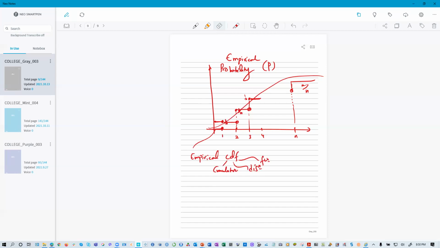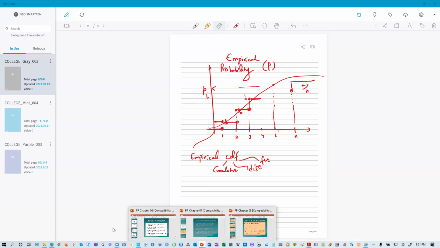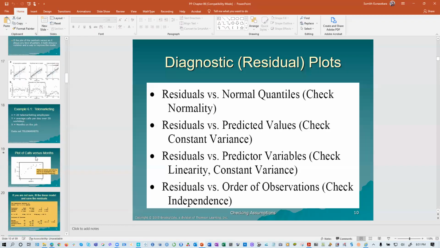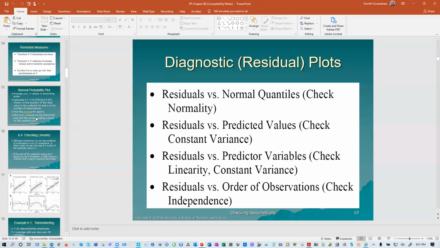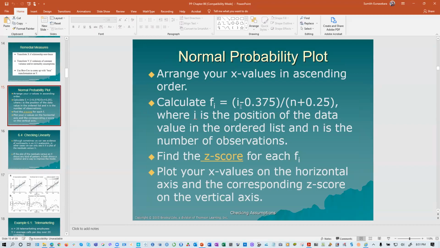Now what are you going to do? Let's say I go to the ith one, and I check its corresponding probability. I'm going to call that one Pi. Some people, the way they have done it to get the quantile they were talking about, use this much.